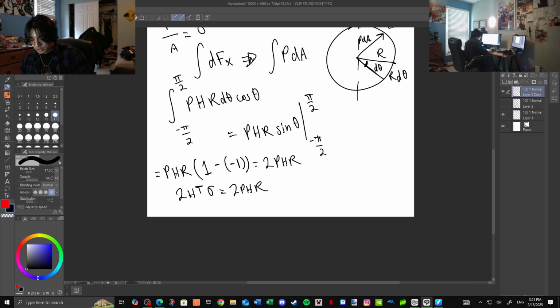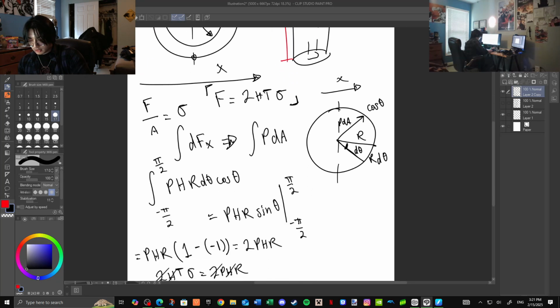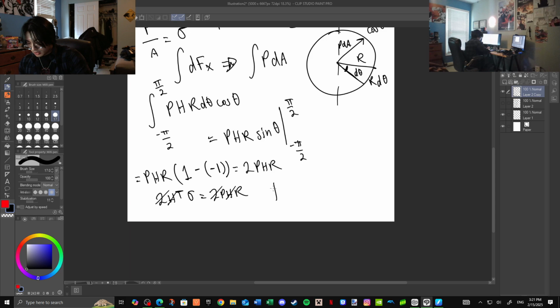We can cancel out the two numbers and the variable h, and since we need to find the thickness necessary, we're going to isolate t. By dividing both sides by sigma, our final equation would be P times r over sigma.